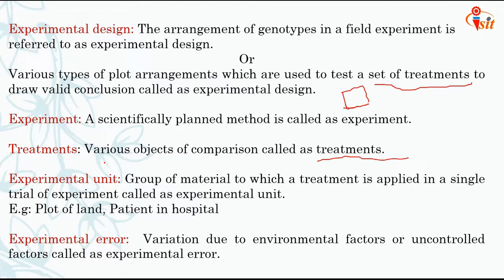Then experimental unit means that on which we apply the different treatments. So JS335 is the experimental unit on which I have to study different doses of fertilizer. Treatments are the various objects of comparison.